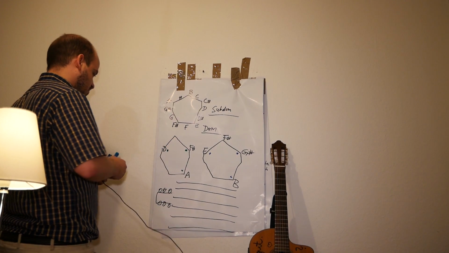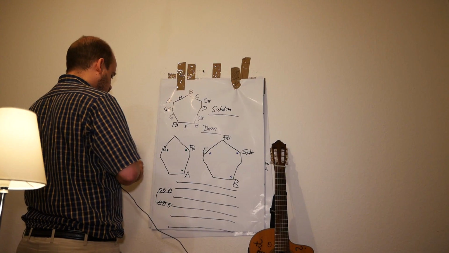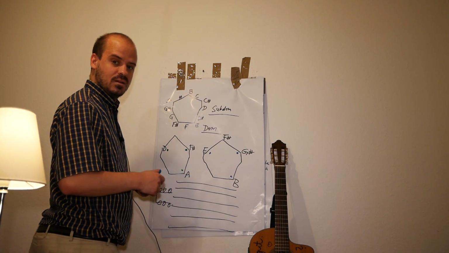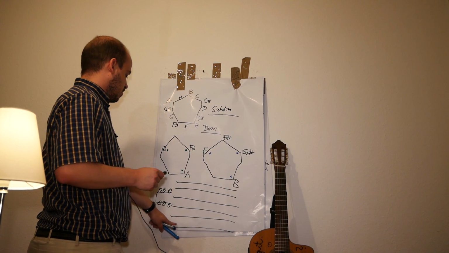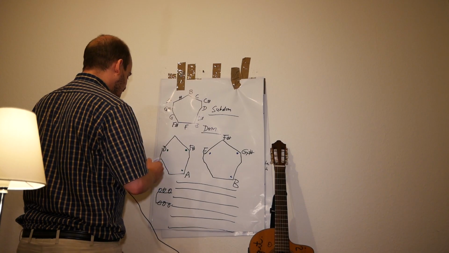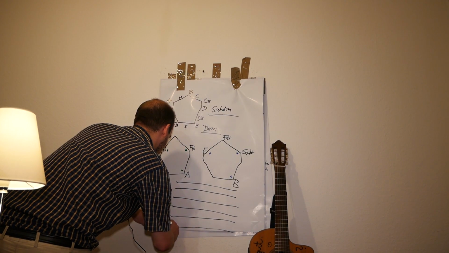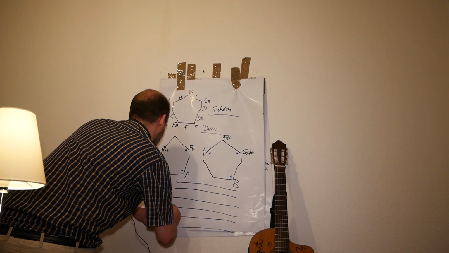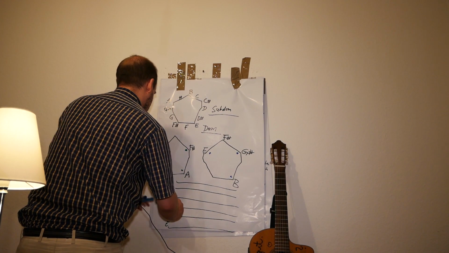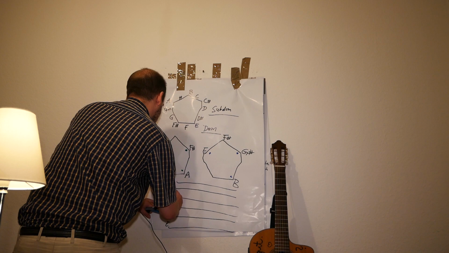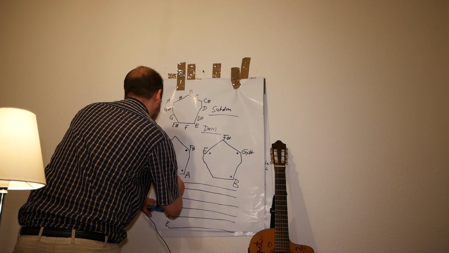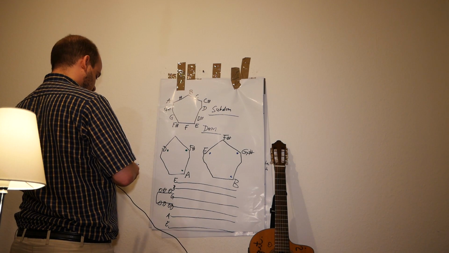The first one, you remember, if you hit it without any fingers, if it's empty, it's an E. So this is the E string. The next one is the A string, then comes the D string, then comes the G string, then comes the B string, and then comes again an E string. Right?